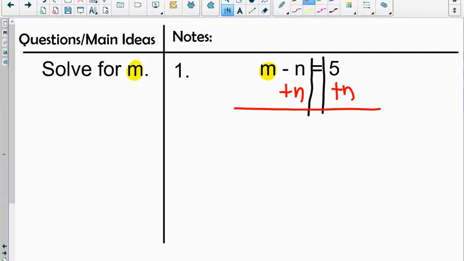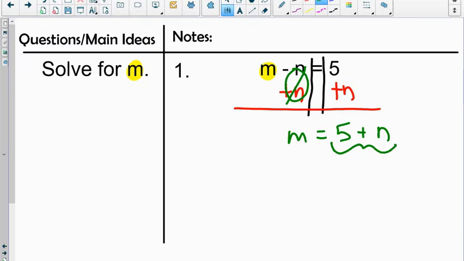It's a good question. And we do, but we don't really combine them because they're not like terms. What we're left with here is that negative n plus n is 0. Just as we've been seeing, when we move things, it cancels out over there. And we're left with m equals 5 plus n.